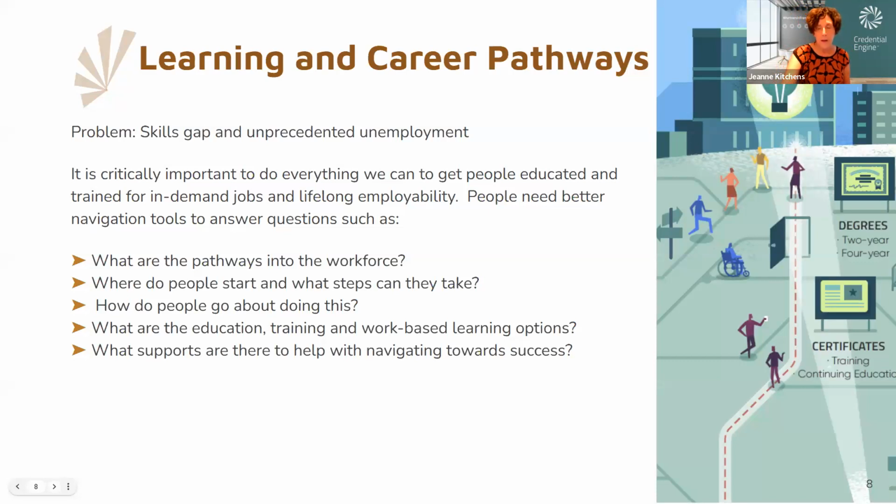It's necessary to provide the data and tools people need to answer their questions. Credential transparency helps answer these questions by pulling data across all kinds of sources, education and training providers, employers, and agencies into one common and clear language, the Credential Transparency Description Language.